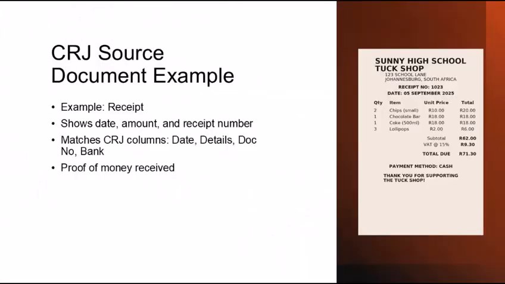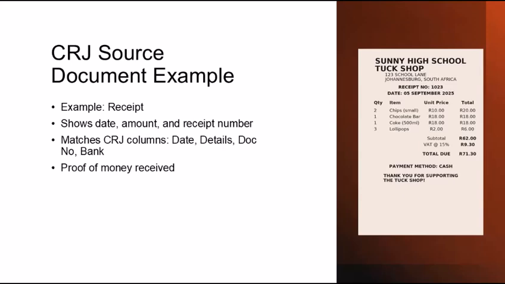Last time I gave you some homework to go and have a look at source documents and the information that is recorded on each document. Were you able to see how those documents and the information on it link back to the information you require to record a transaction in your subsidiary journals?